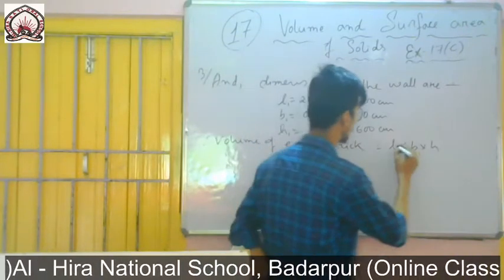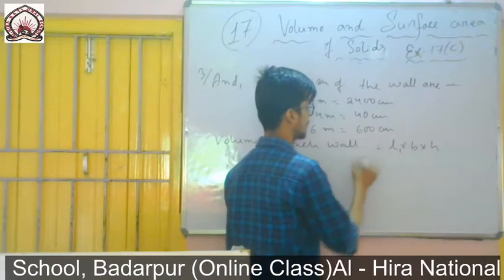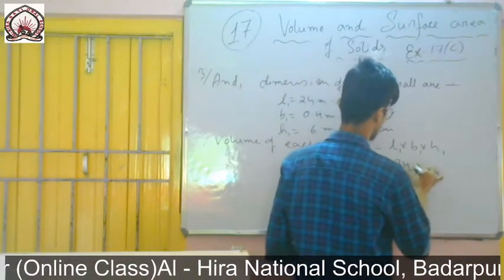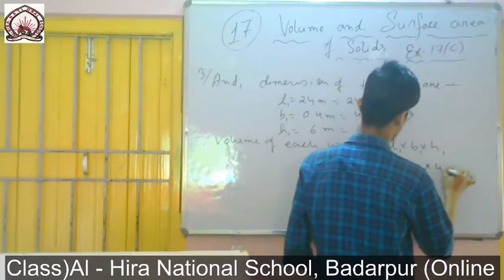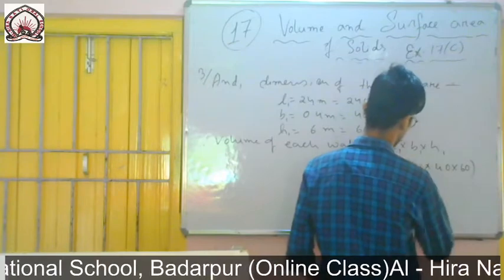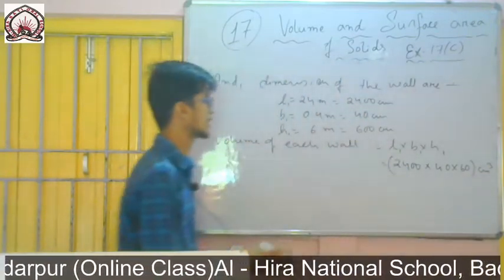So volume of the brick, therefore volume of the wall is equals to L1 into B1 into H1. It will be 2400 into 40 into 600. Leave it like this. Don't need to calculate the value.